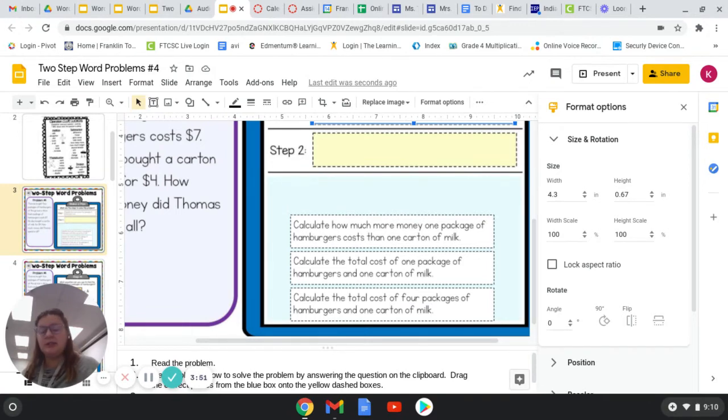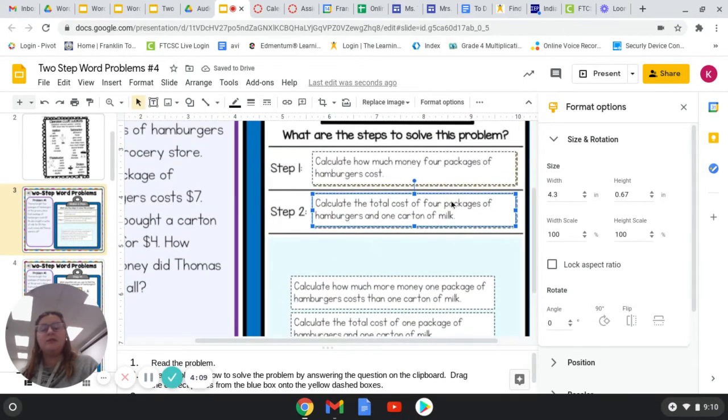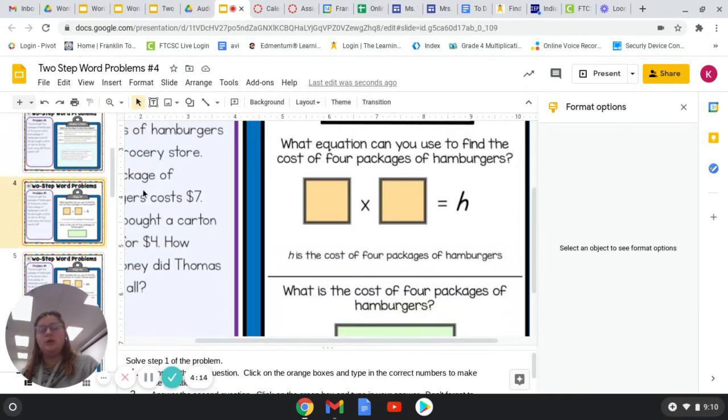Well, he didn't just buy 1 package of hamburger, so I don't need this one either. Calculate the total cost of 4 packages of hamburger and 1 carton of milk. This is what my second step would be. So now that I have my 2 steps, I can move on to slide number 2.